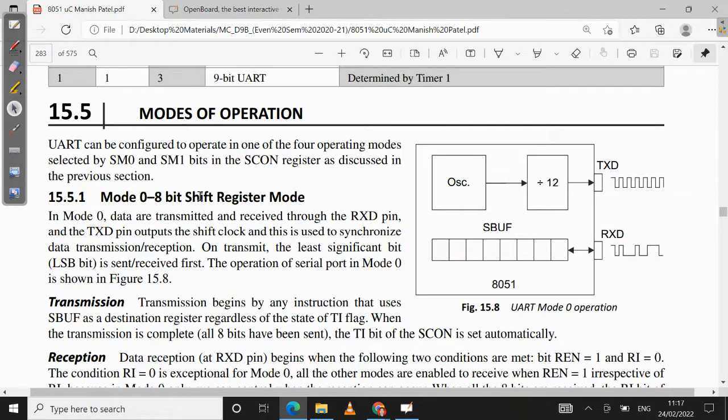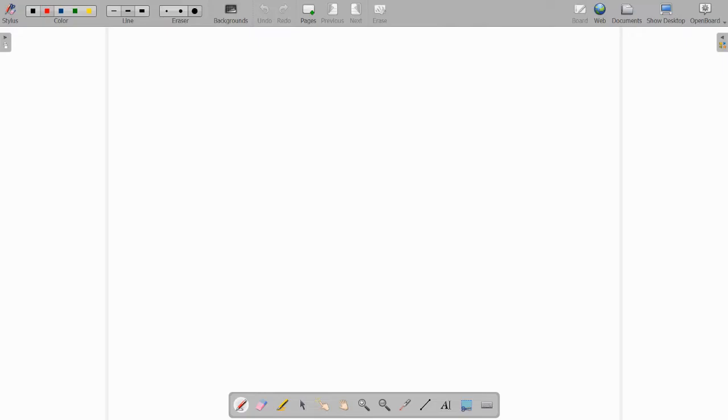Try to understand what we mean by 8-bit shift register mode. In this mode 0, data are transmitted and received through the RxD pin, and the TXD pin outputs the shift clock, which is used to synchronize data transmission and reception. Already I have told you that mode 0 is synchronous.